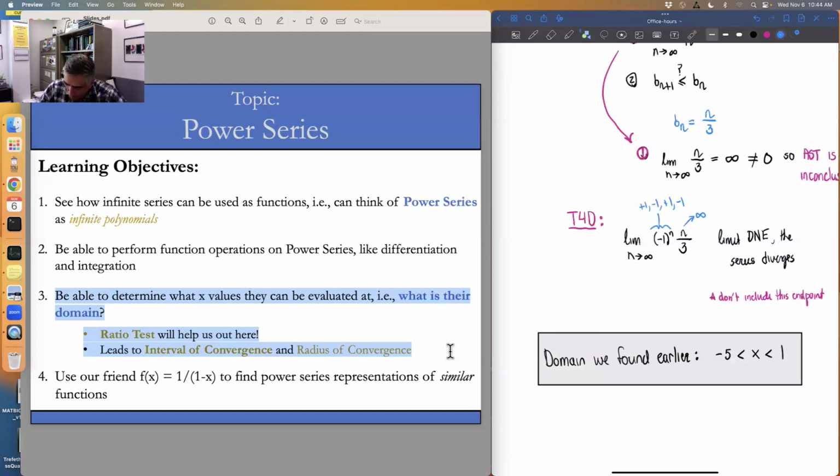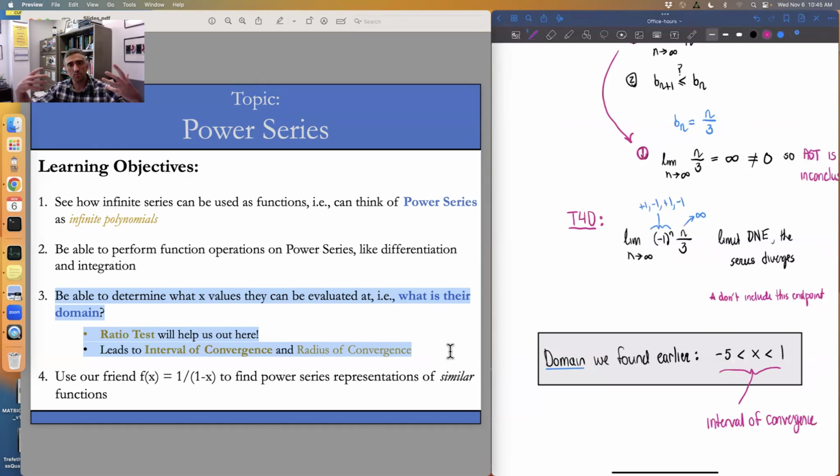The domain, the x values we're allowed to plug into a power series, also goes by another name. We would call this the interval of convergence. Basically, what x values are we allowed to put into that power series, that infinite series, that result in a finite sum?